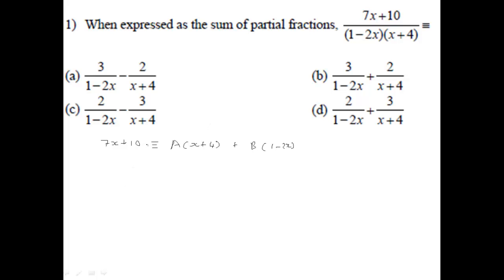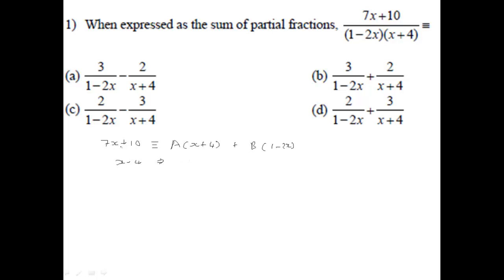Because it's an identity, it works for any value of x, we can pick a value of x that will make one of these brackets 0, enabling us to find the other term. So if we make the bracket with the A 0, we would need x to be minus 4.